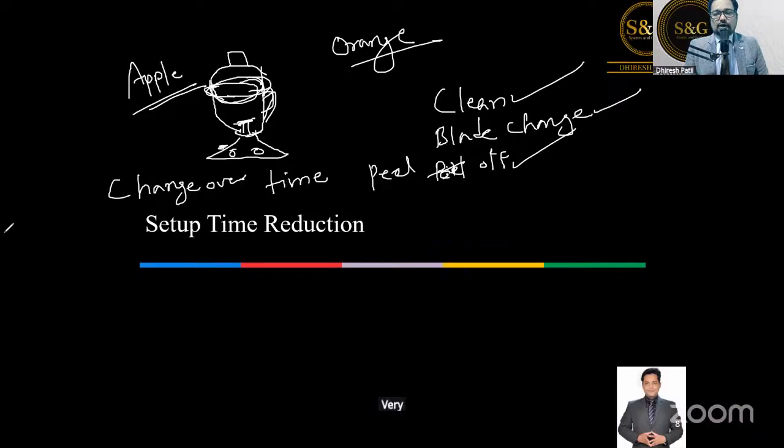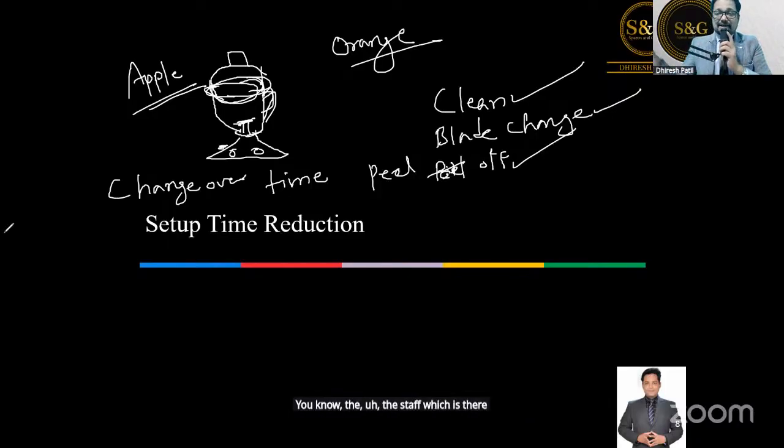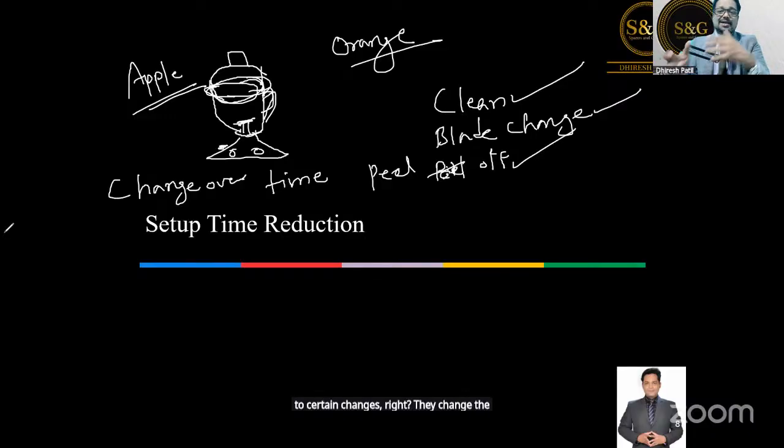Very good. Let's say now we have a doctor in the room. In the hospital operation theater, one surgery has happened and another surgery is about to happen. In the time between these two surgeries, the staff, the nurses and the assistant doctors, do certain changes, right? They change the scissors and the equipment and all those things.